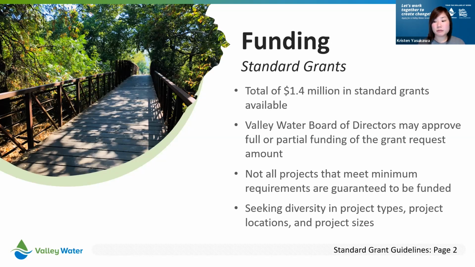So again, further on in the presentation we'll talk about the criteria and the point system. And we are always looking for diversity in our project types, project locations, and project sizes. So just know we are looking at the applications together as a whole as well.